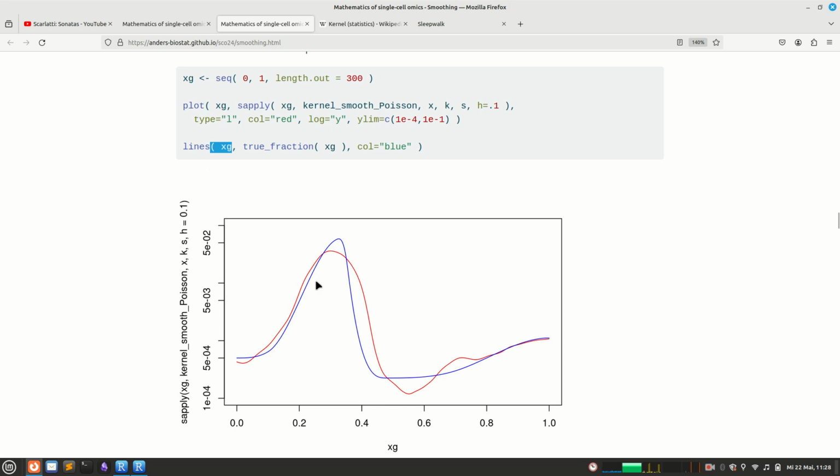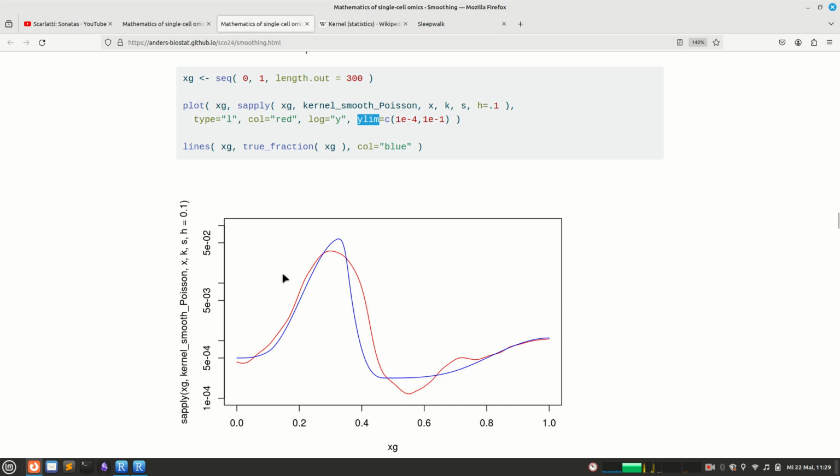The blue line is again the true fraction. As you see, I plotted the y-axis logarithmic this time, which is why the true function looks like our original function again. The red line is the kernel smooth, where I again plotted the smoothed kernel value on the logarithmic axis.